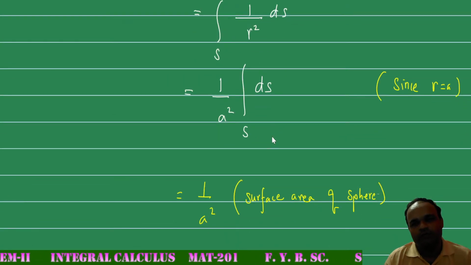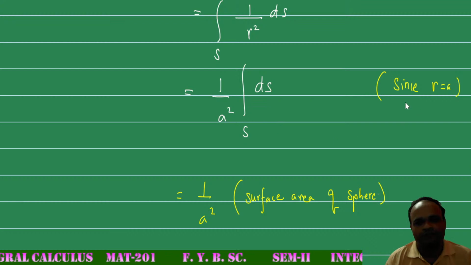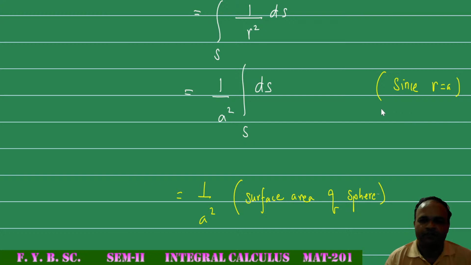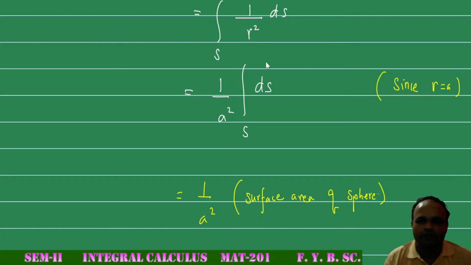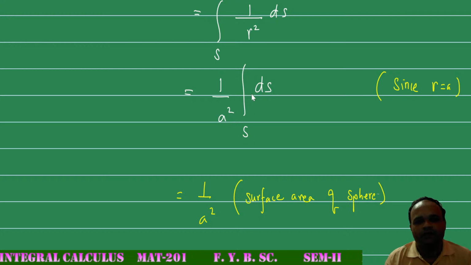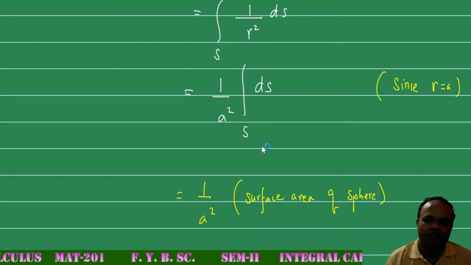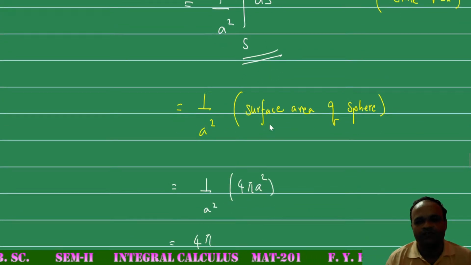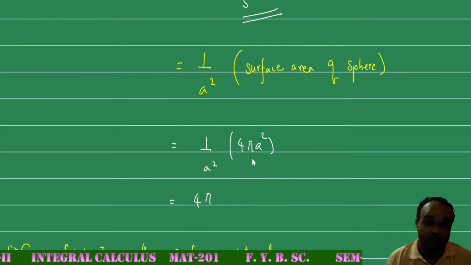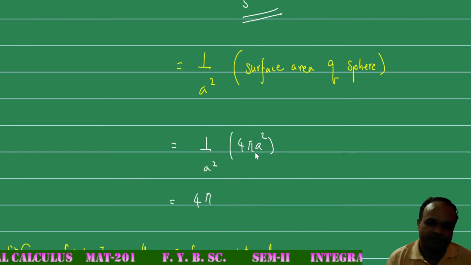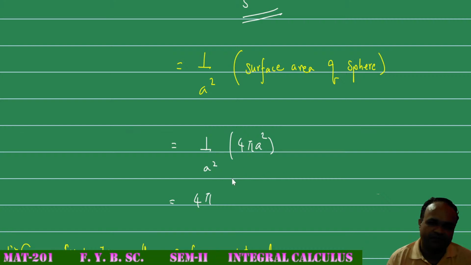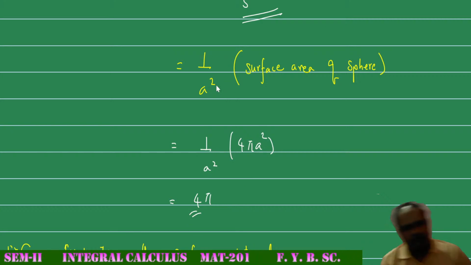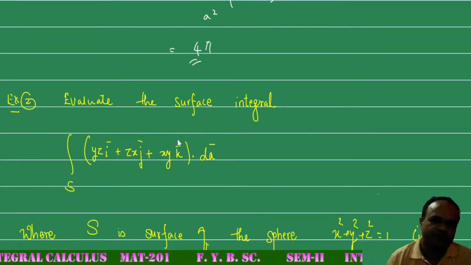Here r is a, the radius of the sphere. So it will be 1 upon a square times the integral of dS over S, that is the surface area of the sphere, which we already know is 4 pi a square. So 1 upon a square into 4 pi a square, the a square cancels, and that is 4 pi. So 4 pi is the required value of the surface integral.